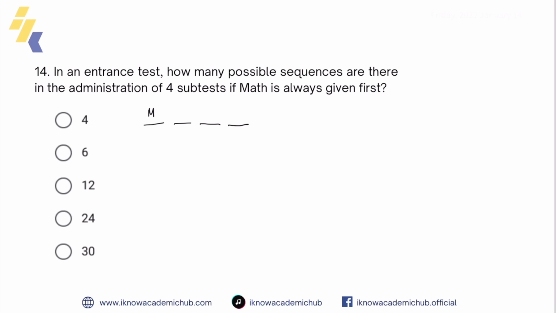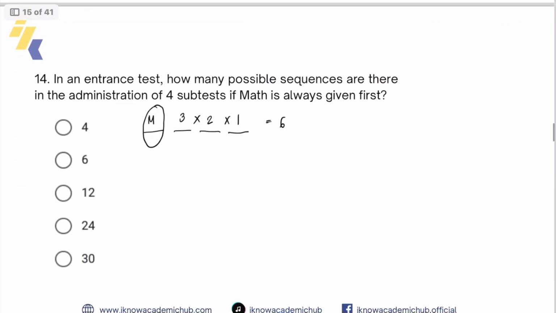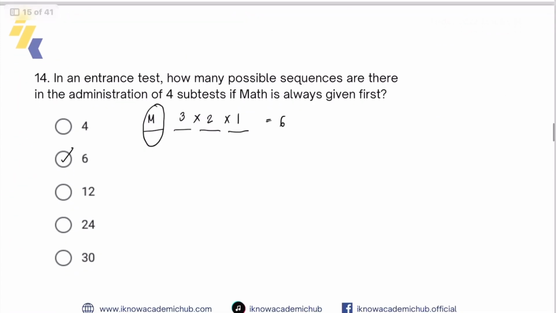But in the first, we always have math. Now we are left with only 3 subtests. So we have here 3 options, then 2 options, then 1 option. And we multiply. 3 times 2 times 1 is 6. So we have 6 possible sequences. Okay, and this is the correct answer.